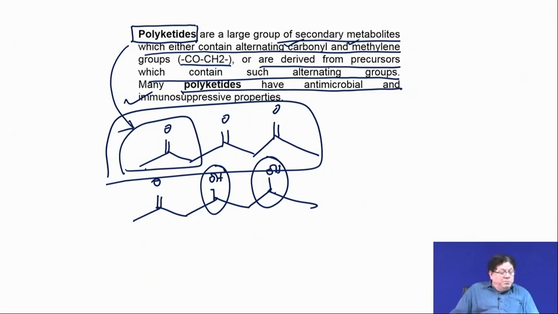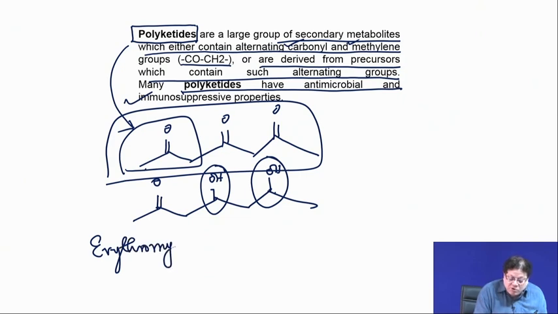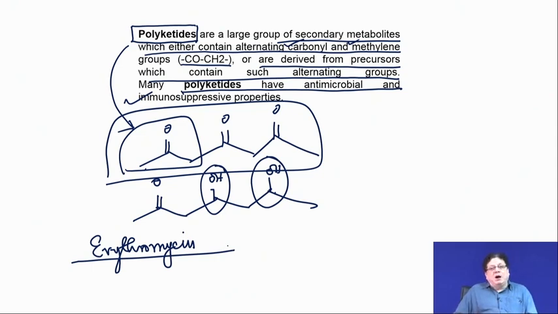We will take one polyketide for our purpose. Earlier, when we talked about utilizing proteins to make new antibiotics, we took penicillin as our reference. Here we will take erythromycin. You know, erythromycin used to be a very good drug for treatment of upper respiratory infections.